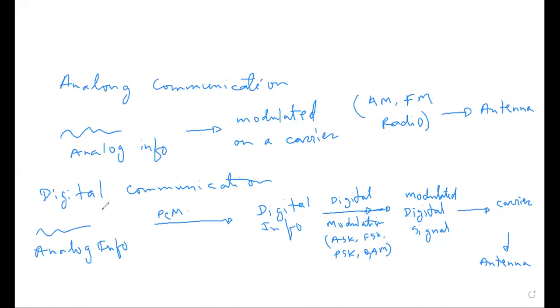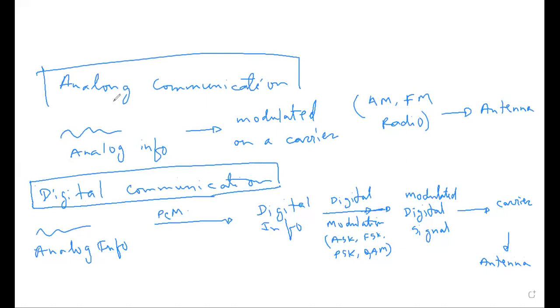Now another point I should mention here. Another major difference between analog and digital communication is that in the case of analog info, you keep sending your analog information continuously, and the continuous information is fed to the antenna, or goes through the whole process.